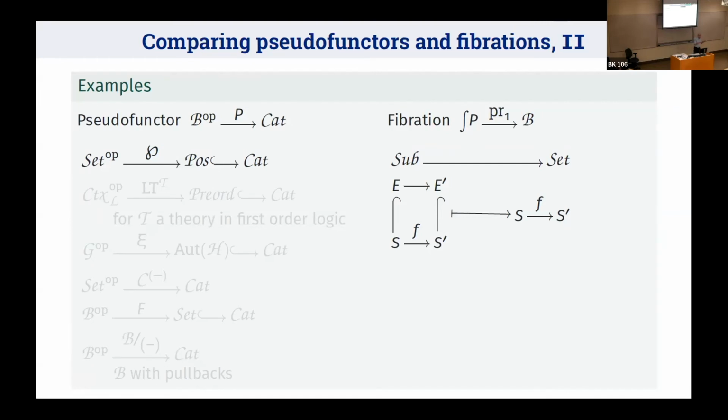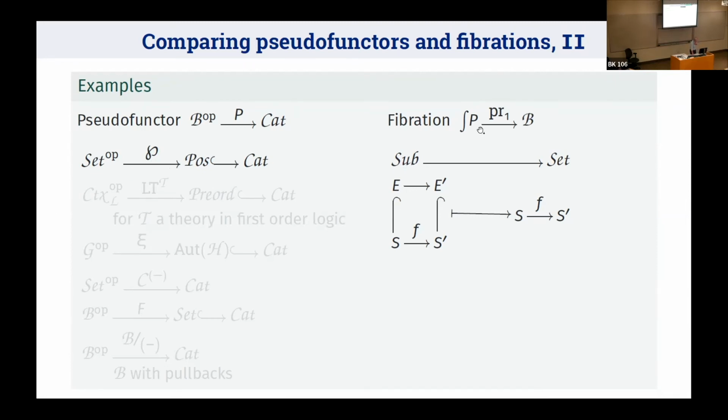How does the picture change from moving from pseudo-functors to fibrations in the last definition, which is the official definition? Well, I'll show you some of the examples that I had. I considered the functor, because this was a functor, which was the power set.